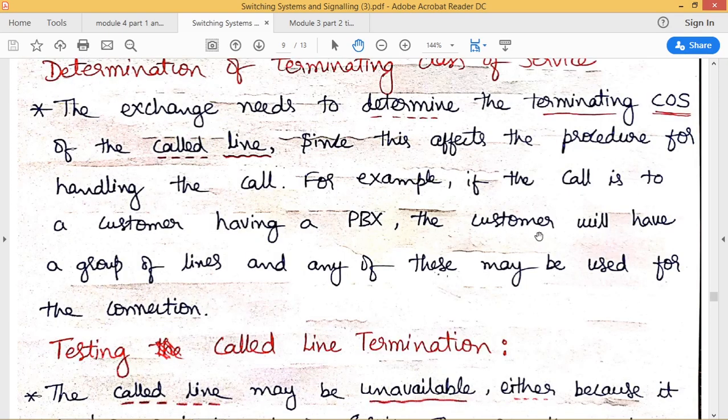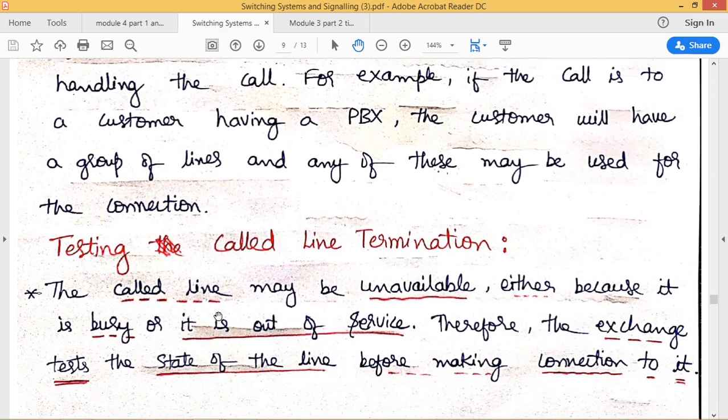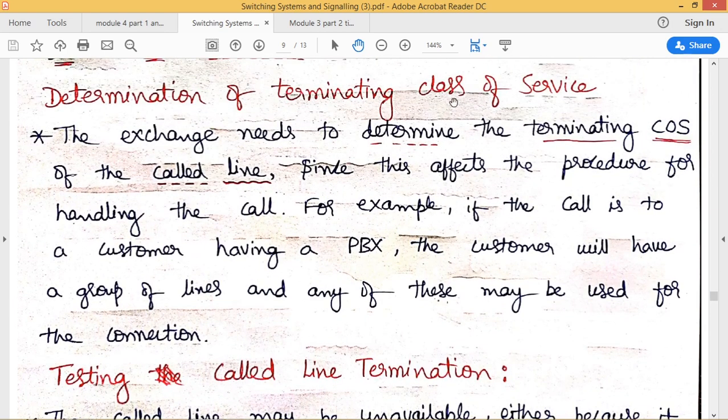So the exchange has determined the terminating class of service.